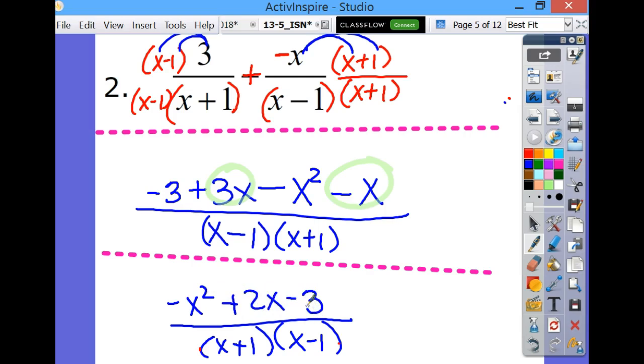Now we need to see if we can factor that to see if anything will cancel. I have great difficulty trying to factor if we start with a negative sign, so I'm going to factor out a negative sign.